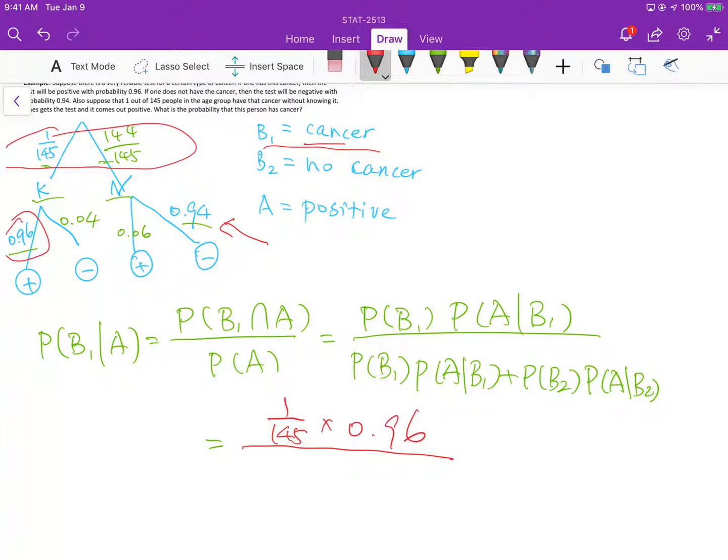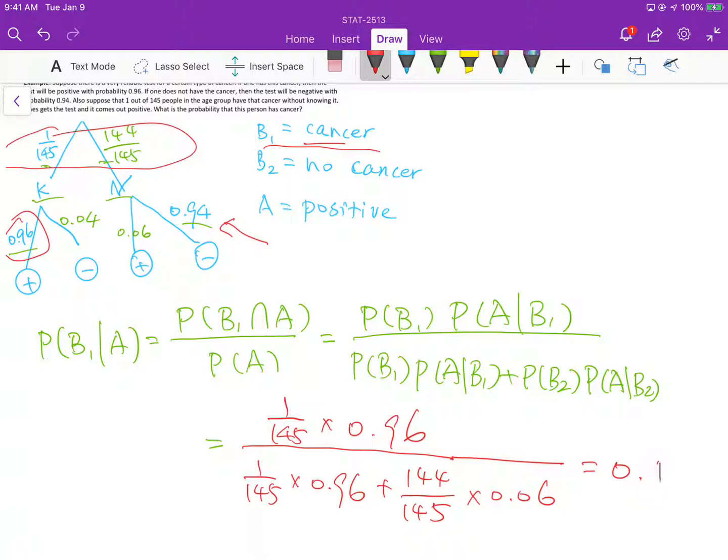The next one, in the denominator, is 1 over 145 times 0.96 plus 144 over 145 times 0.06, right? Then if you do the math, you will get the final answer, which is 0.1, or just 10%.